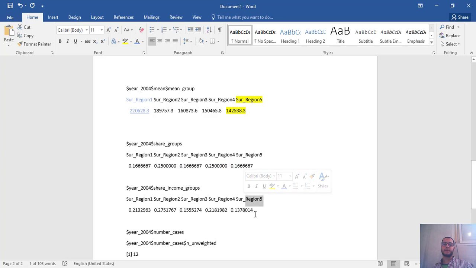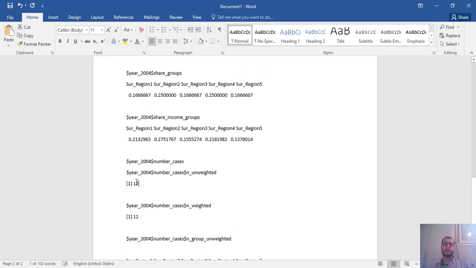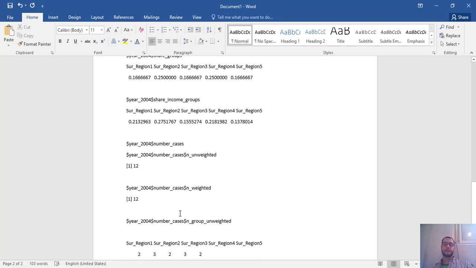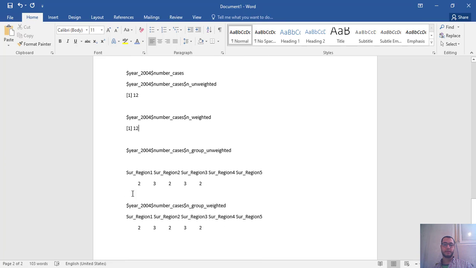Sub-region 5 contributes to the total GDP with this percent, and sub-region 1 contributes to the total GDP with this percent. Number of cases, we have 12 regions. Number of cases weighted, we have 12 regions.